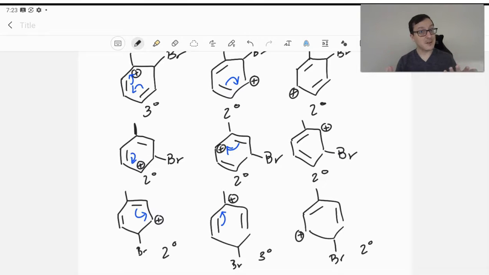But again, since a methyl group is not a very big substituent, we're going to see that the ortho product will predominate here. As a rule of thumb, when we have a methyl group or smaller, that means we have 4 atoms or less, we're generally going to see the ortho product predominate.